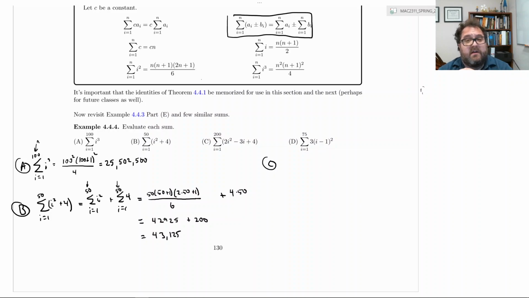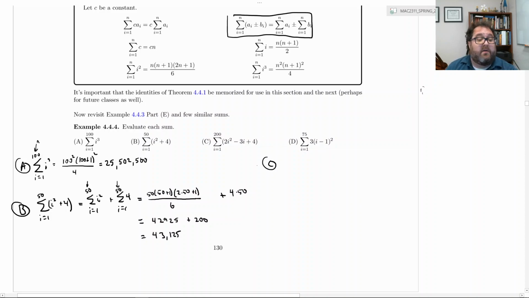If you want to take the summation of a bunch of terms added and subtracted, you can take the summation of each individually, whether it's 100 terms or 2 terms. So here we have the sum and difference of 3 terms. We can do that each term individually.